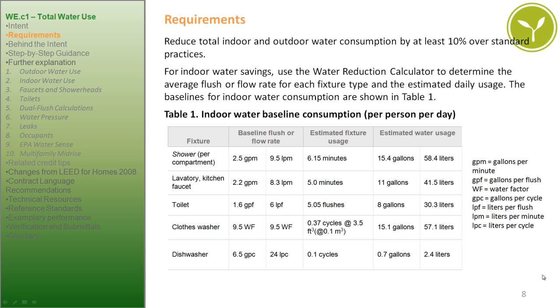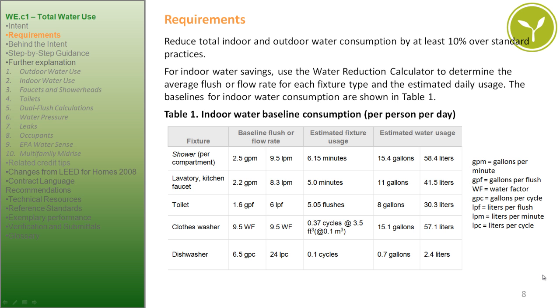Toilet: baseline flush rate is 6 liters per flush. Estimated fixture usage is 5.05 flushes. Estimated water usage is 30.3 liters. Clothes washer: baseline is 9.5 water factor.